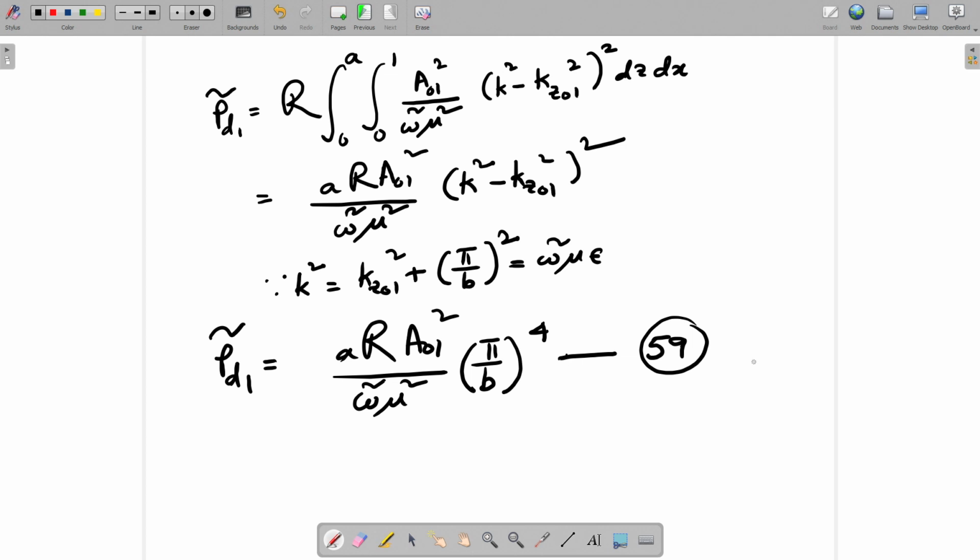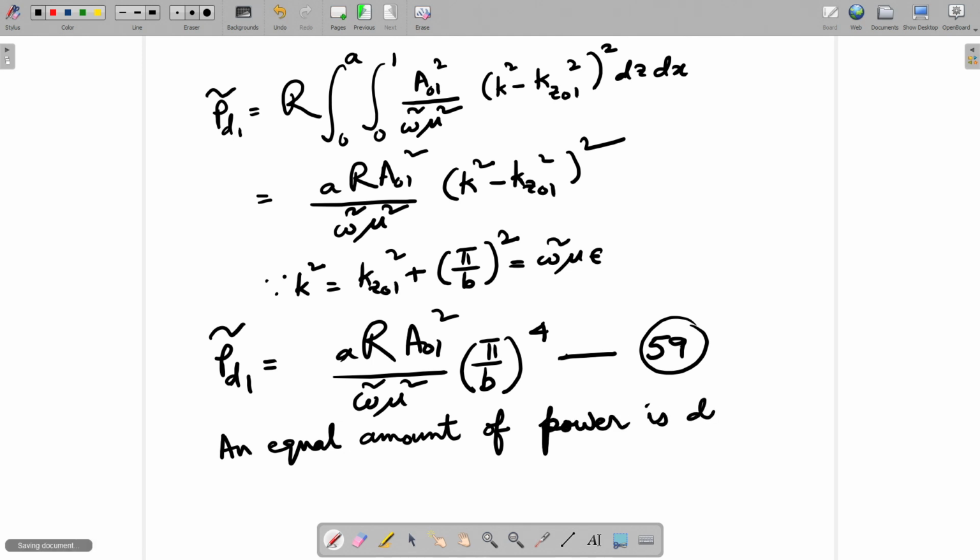And an equal amount of power will be dissipated at y equal to b.